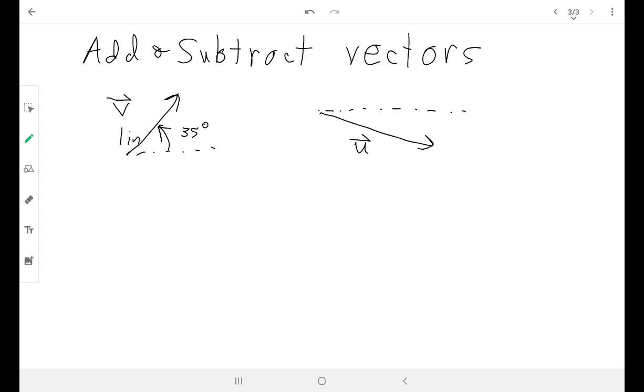Now, for vector u, I could look at the angle that way as a negative angle, or I could look at the angle as a positive angle that way. Either way, I have to measure it first. Let's say it's 2 inches long. And if I'm looking at the positive angle, let's say 150 degrees, because I'm going to say this is a negative 30 degrees there. Those are describing the same thing, just so you're aware, okay?